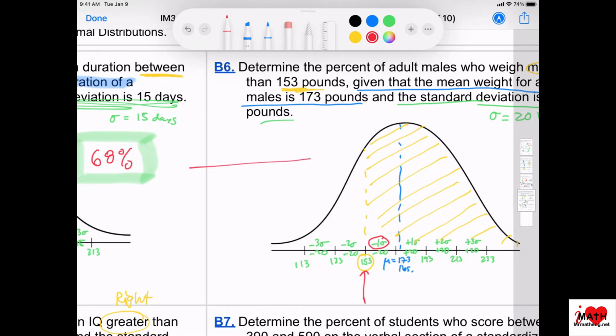So I have this 1 standard deviation away, and this area represents 68%, or 0.68. So we can say that the green tails, 0.68 plus 2 green tails equals 1.